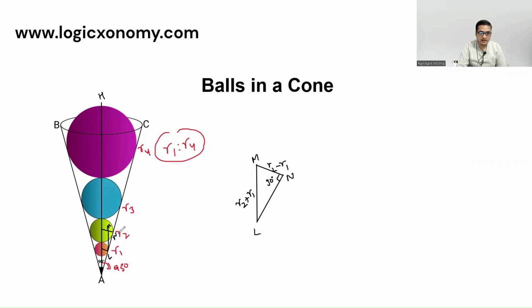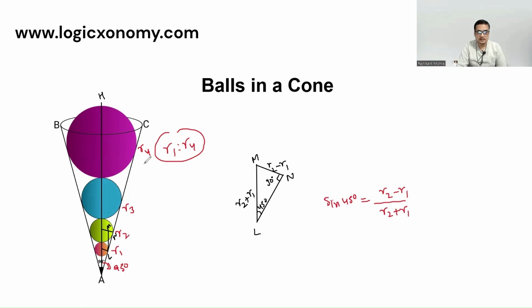This triangle LMN is a right angle triangle. MN is equal to R2 minus R1. LM is equal to R2 plus R1. This angle is equal to 45 degree. So sin 45 degree is equal to MN by ML, which is R2 minus R1 by R2 plus R1.